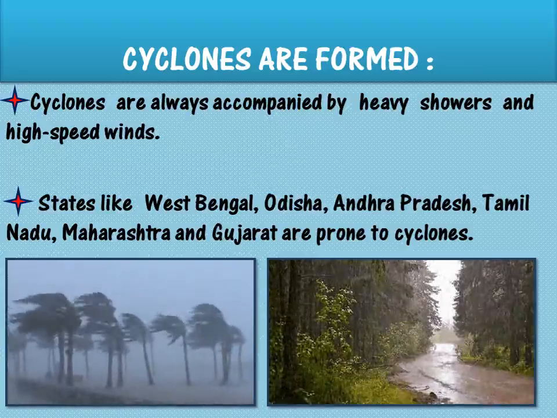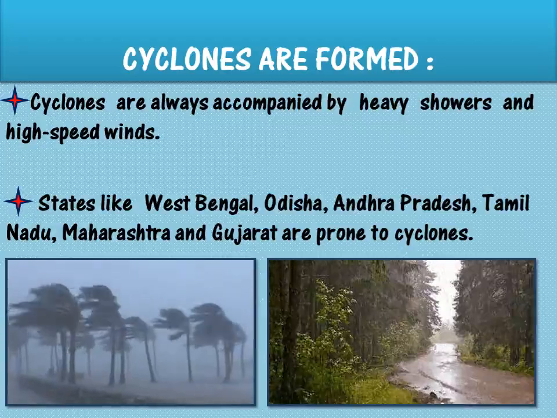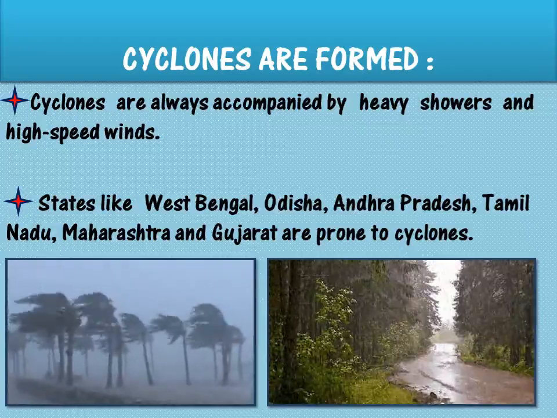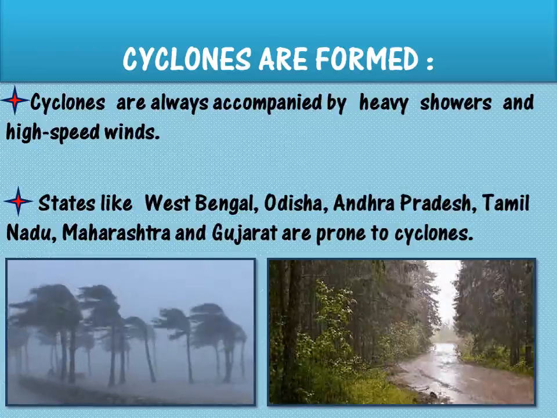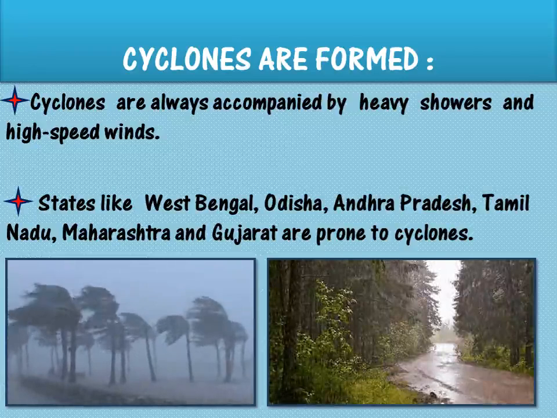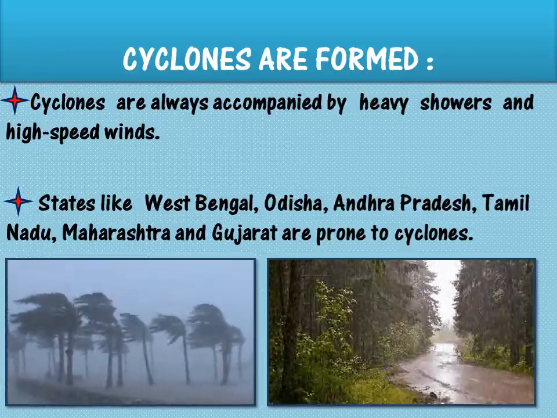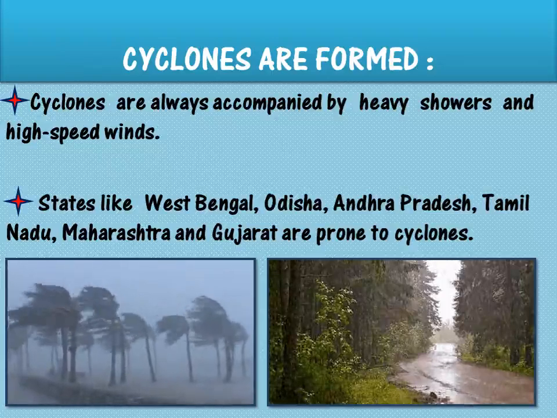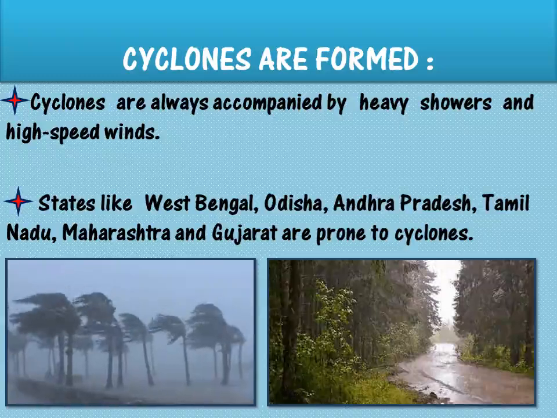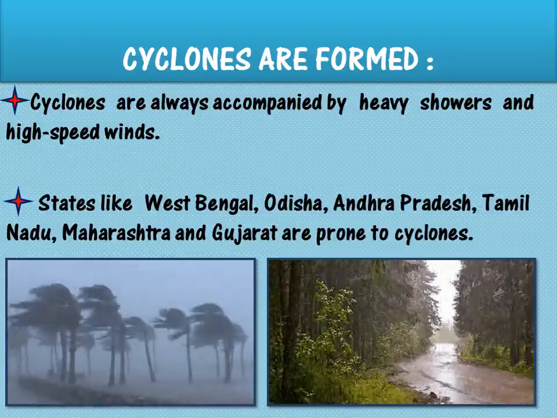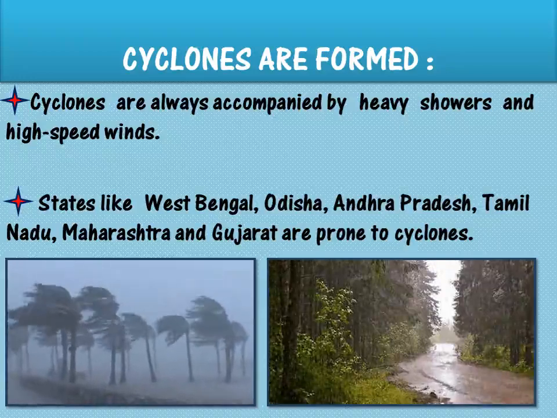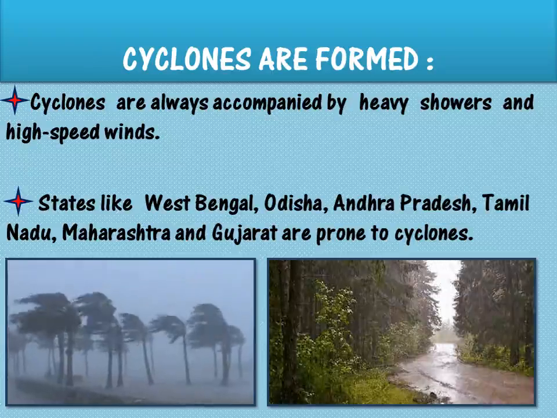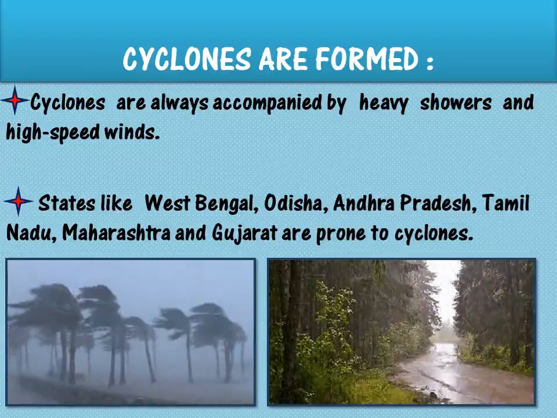Because of this very low air pressure, the high pressure air from above flows down into this eye, and it pushes this cone towards the seashore with water splashes. It moves faster and faster towards the shore, due to which a cyclone is formed. Cyclones are always accompanied by heavy showers and high-speed winds. Showers means, children? Yes, heavy rains.